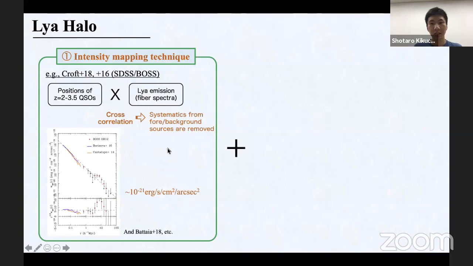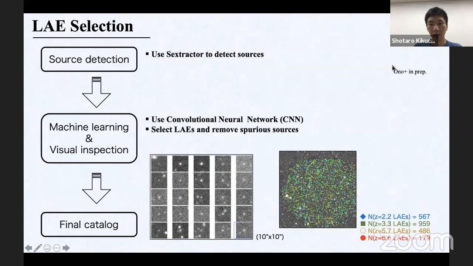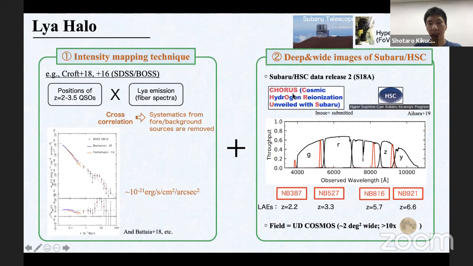The second thing is that we make use of the deep and wide images of the Subaru Hyper Suprime-Cam. In our analysis, we utilize data from two large surveys. One is the Cosmic Hydrogen Reionization Unveiled with Subaru, CHORUS. The second one is the Hyper Suprime-Cam Subaru Strategic Program, HSC-SSP.